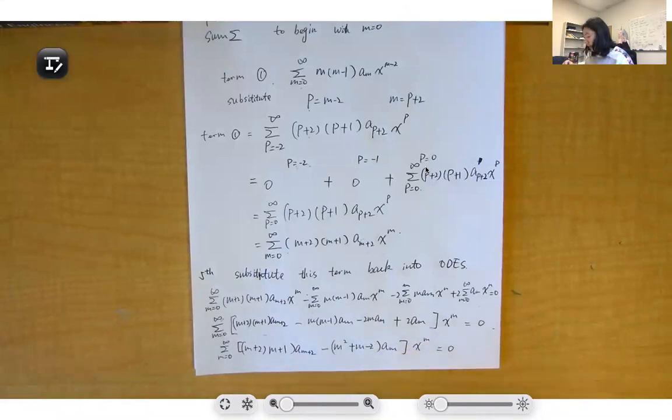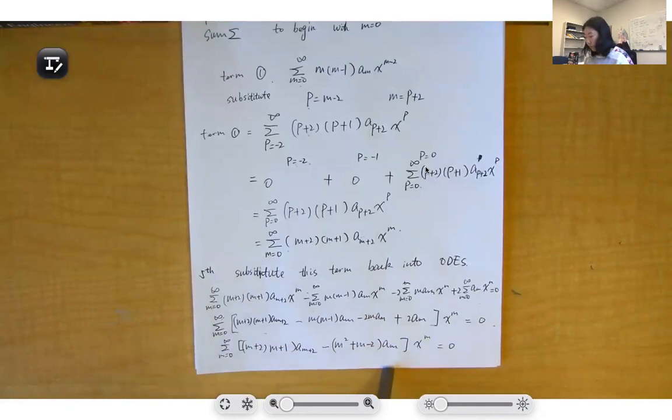We also see that for this power series, in order to make this sum equal to 0, the x to the m won't be 0. Then we need to have all the coefficients be 0 so that this whole term can be 0.